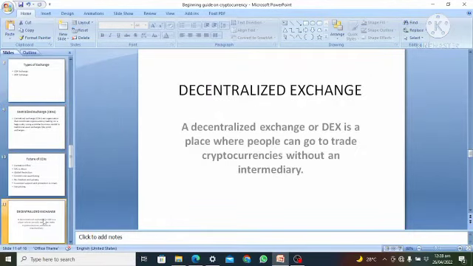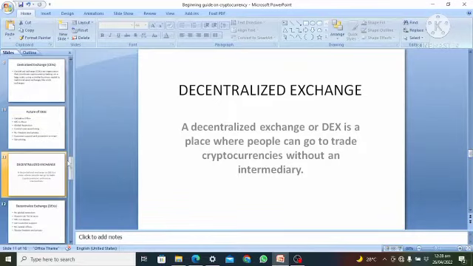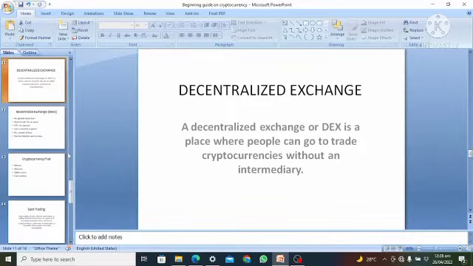While a decentralized exchange is where people can go and trade cryptocurrency without an intermediary, without anybody in the middle. There's no middleman in between the transaction. That is what is meant by decentralized exchange.